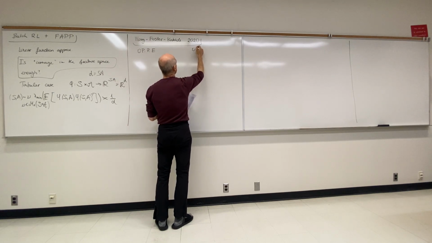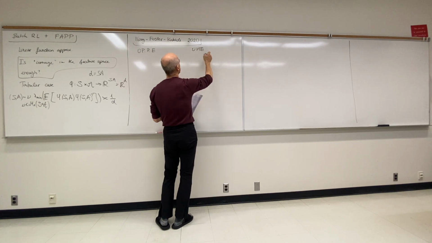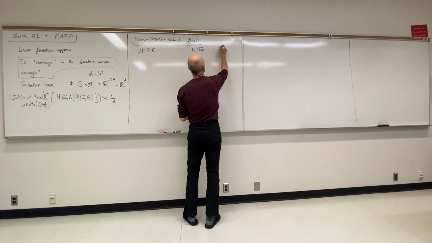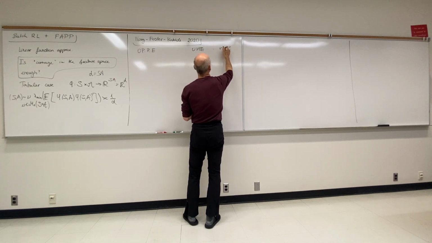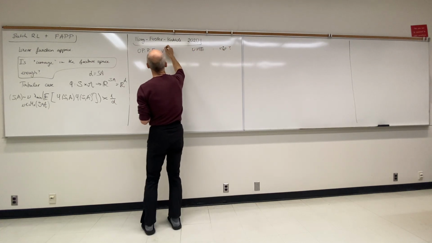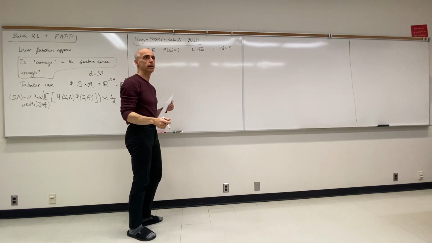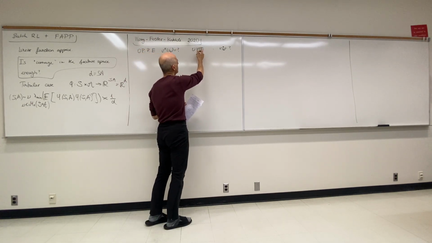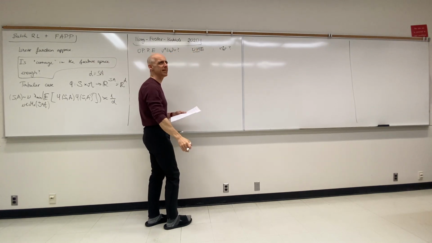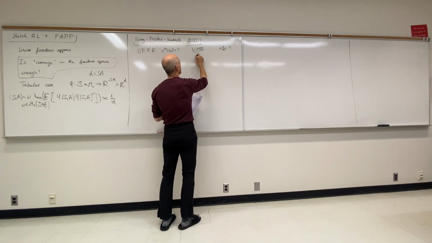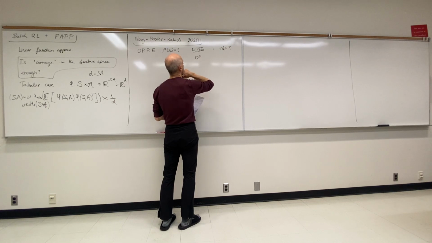I guess some people would say OPE, but maybe OPE should be when the optimal value needs to be estimated. So that's estimating V star, maybe at S0. And this is like estimating V pi of S0. What does T stand for? Optimal evaluation?